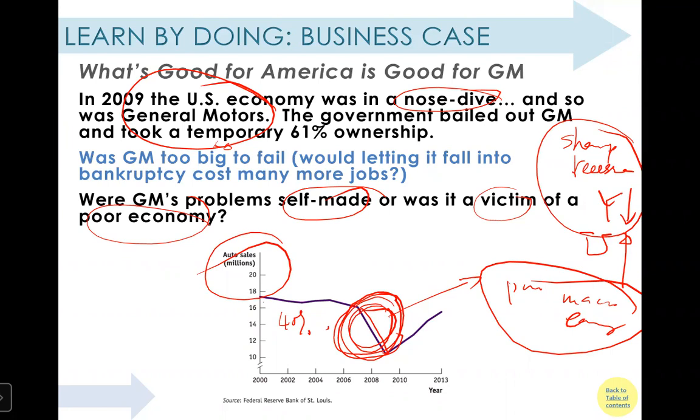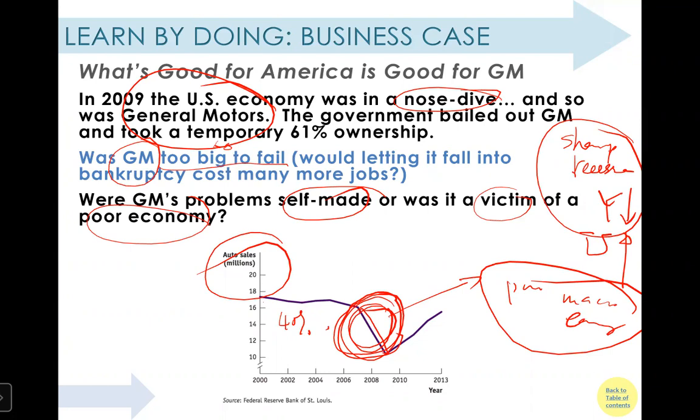So that's why people advocate we should bail out GM, and GM is too big to fail. It's too big in the sense that if they fail, millions of people will lose their jobs. It's too big to fail in the sense that once these millions of people lose their jobs, it's going to have a ripple effect on the economy, right?